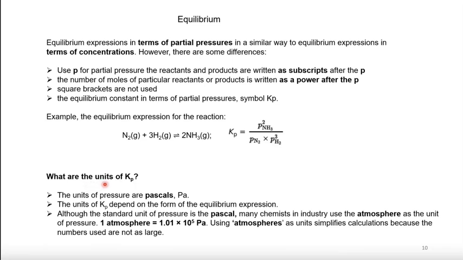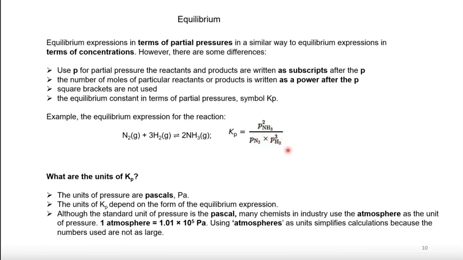So what are the units of Kp then? As usual, we express pressure in Pascals, is it not? So Pascal is the unit, and the units of Kp depend, exactly like Kc, on the form of the equilibrium expression. Here we have the equilibrium expression: Pascal times Pascal here, and here Pascal, and then 3 Pascals.